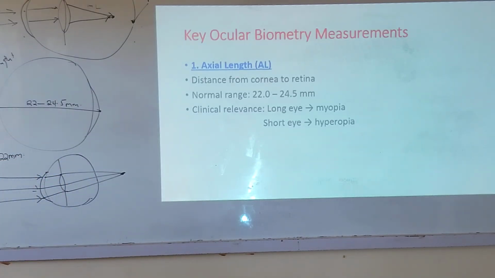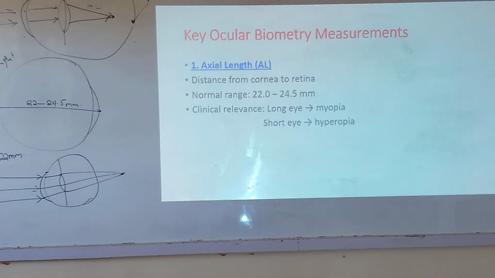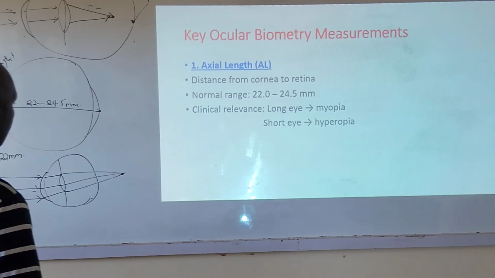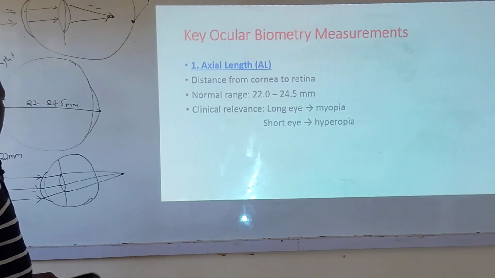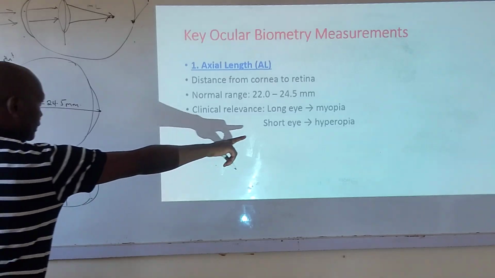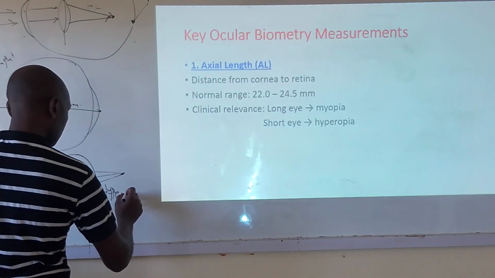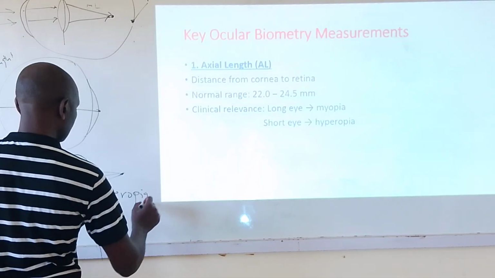So what happens is light will focus behind the retina instead of focusing on the retina. So these people are having this condition called hyperopia.